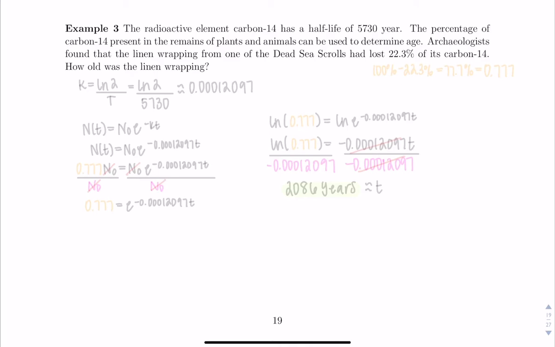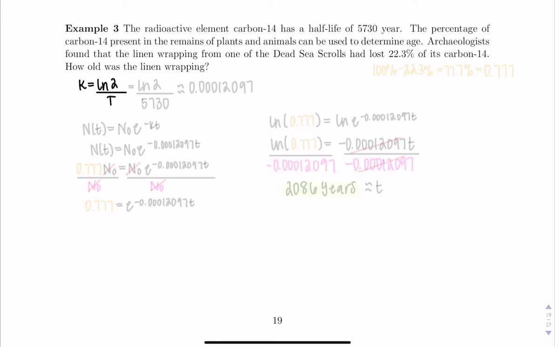So first, we need to find the decay rate. So we need to find K. Well, we have a formula for that. K equals ln of 2 over T, and T is the half-life.